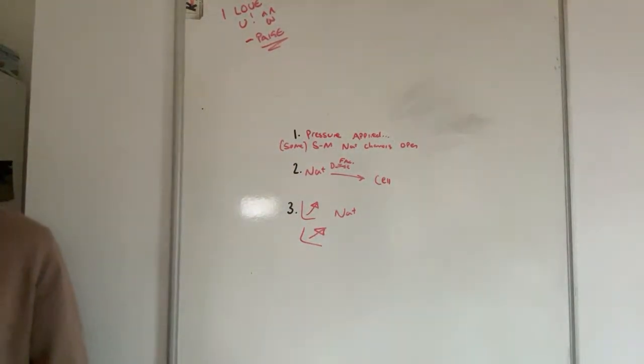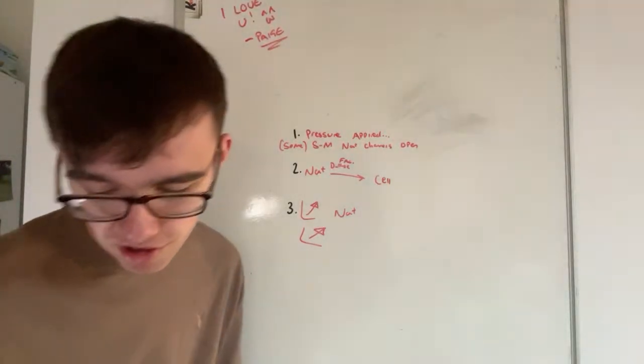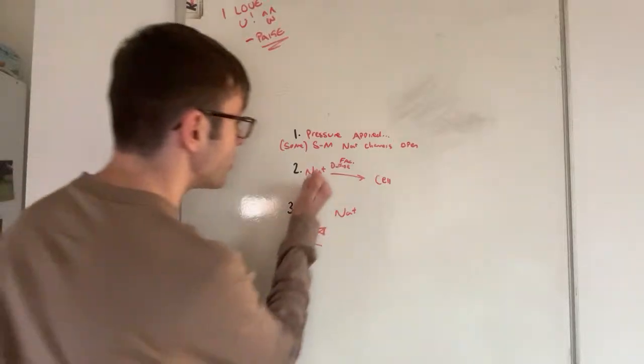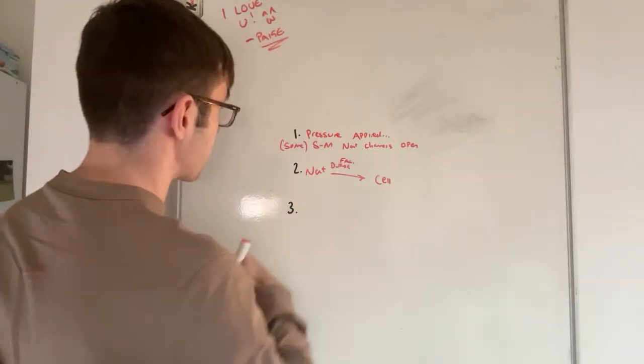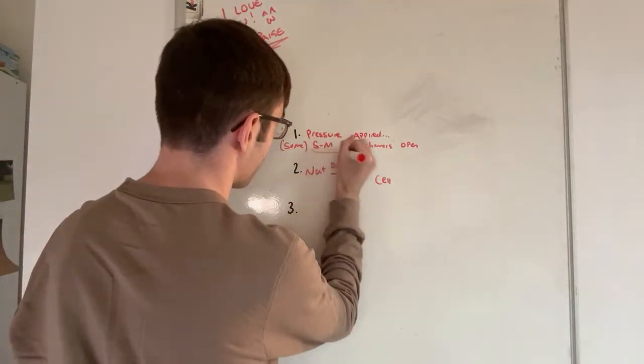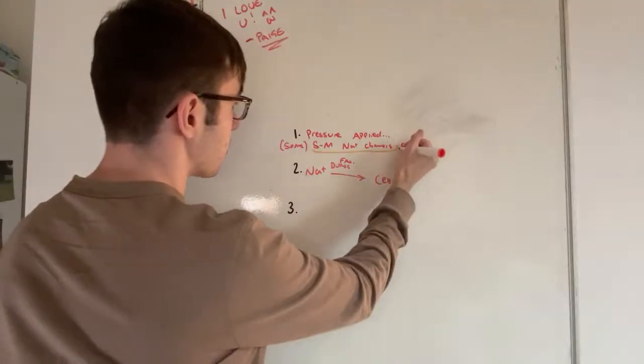So let's look at what it says here. Stretch-mediated sodium ion channels will open, sodium ions diffuse in. That's all we needed to say. Okay. All we needed to say was there are stretch-mediated sodium ion channels. They will open.